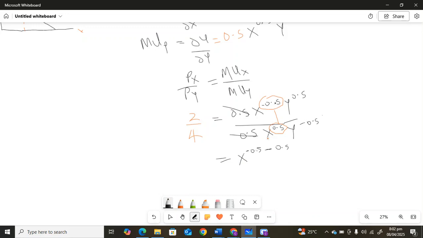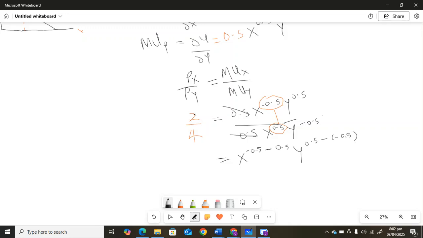Another way you can do it is, since this is a negative power, you can bring it to the denominator, and then you have to add there. So many ways of doing this. For y, it is 0.5 minus negative 0.5.